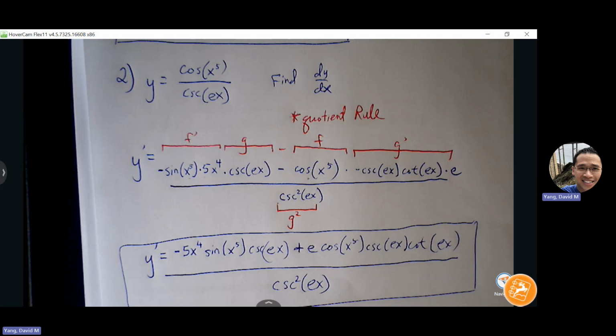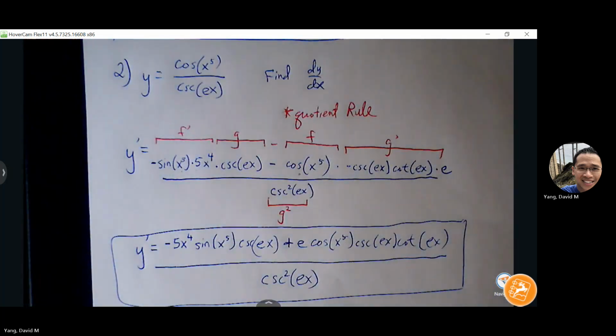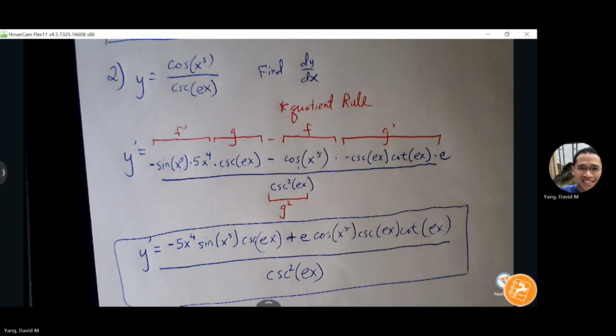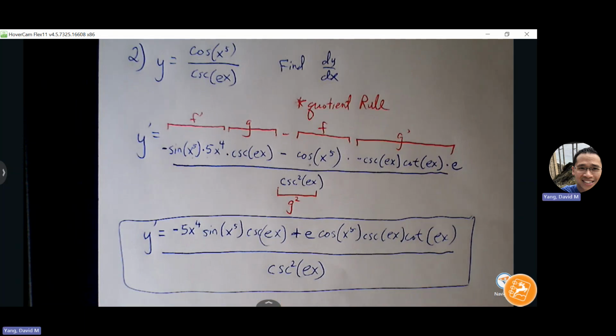I have it as product rule on my key, but I decided to go through quotient rule here. All right. Any questions with two?